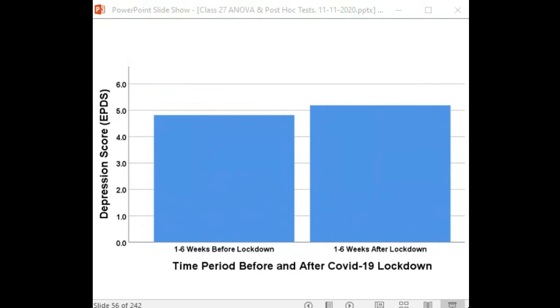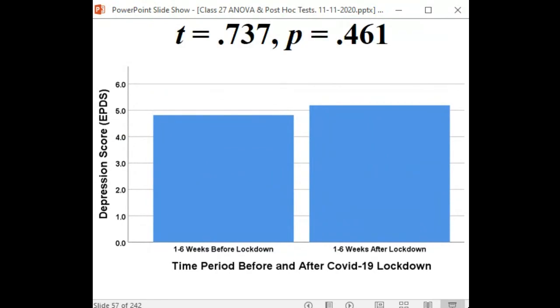The left bar represents depression in pregnant women 1 to 6 weeks before the COVID-19 shutdown. The right bar represents women 1 to 6 weeks after the shutdown. As we saw earlier, we can do a t-test to compare the means, and we find that t is equal to 0.737 and p equals 0.461.